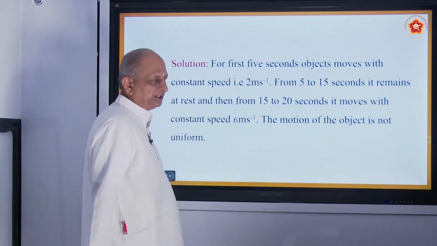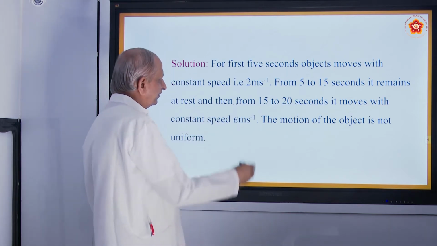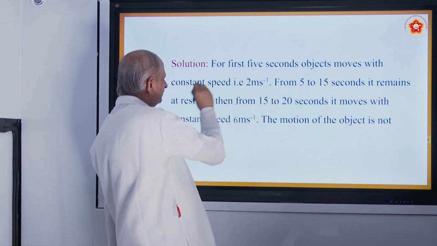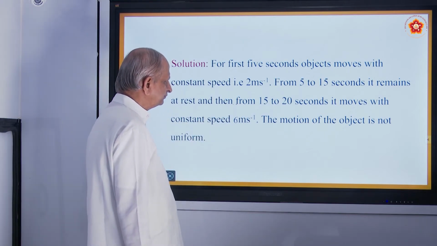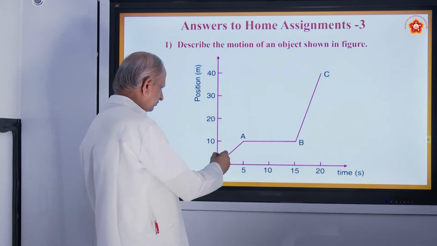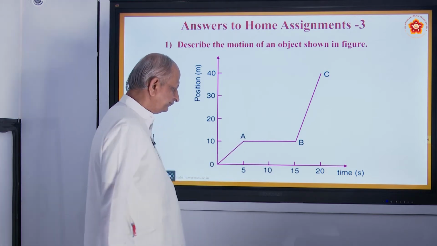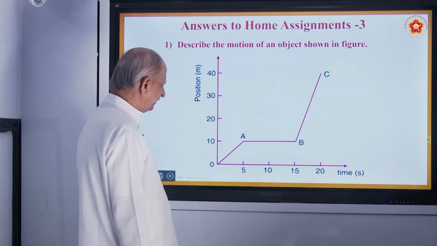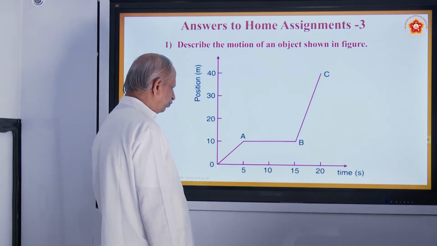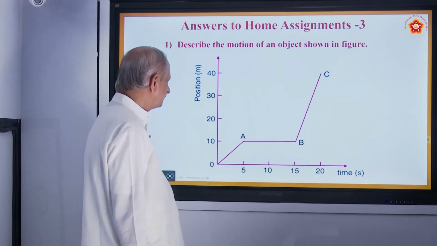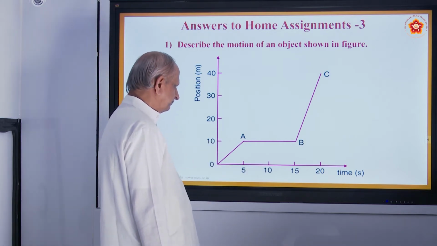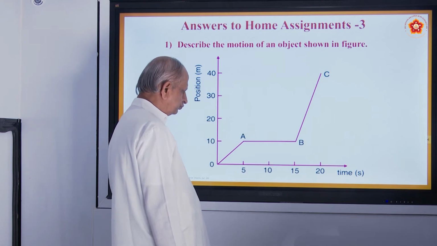they are asking to explain the motion. So for the first 5 seconds the object moves with a constant speed, that is 2 meters per second. So here from O to A it moves with a constant speed, that is 2 meters per second, because 10 by 5, distance by time, that is 2.